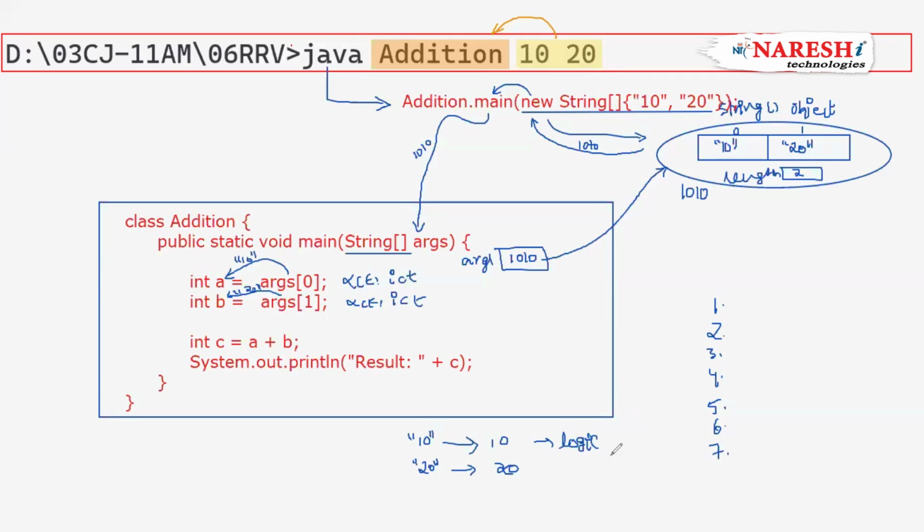I want to convert integer number to byte. Byte. Integer number to short. Integer number to int. Integer, not int, Integer. Next, I want to convert integer number to long. Long. Convert floating point number to float.